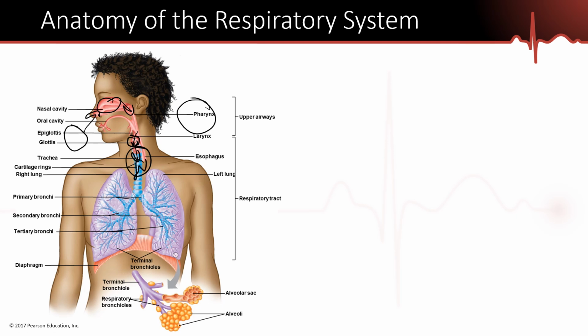So this is the path that air takes, because now we're really starting to get into the lungs, because the trachea is ultimately going to lead down into the left and right lung. So by the time that we've gotten air through the glottis down into the trachea, we're getting real close to the lungs.